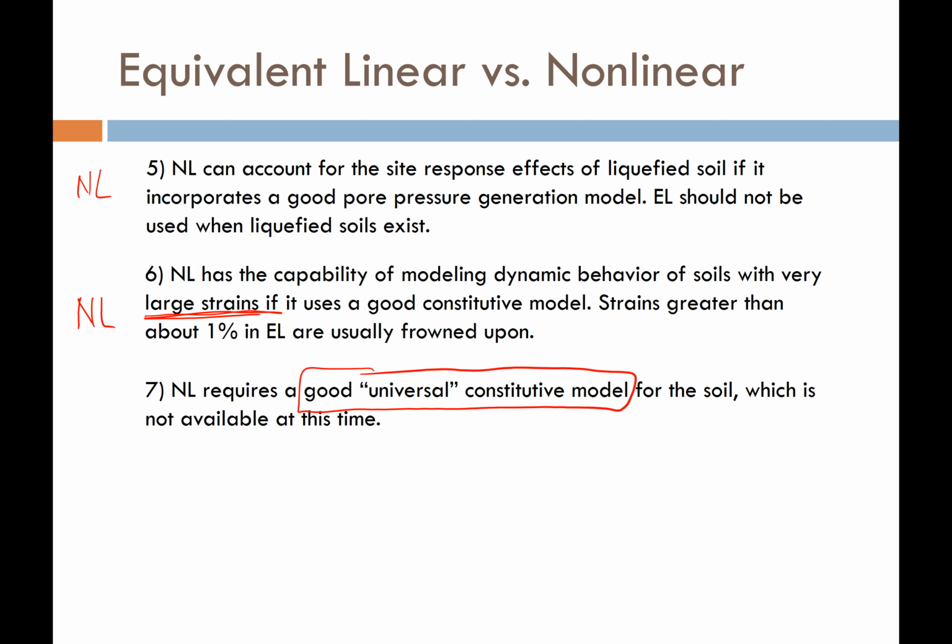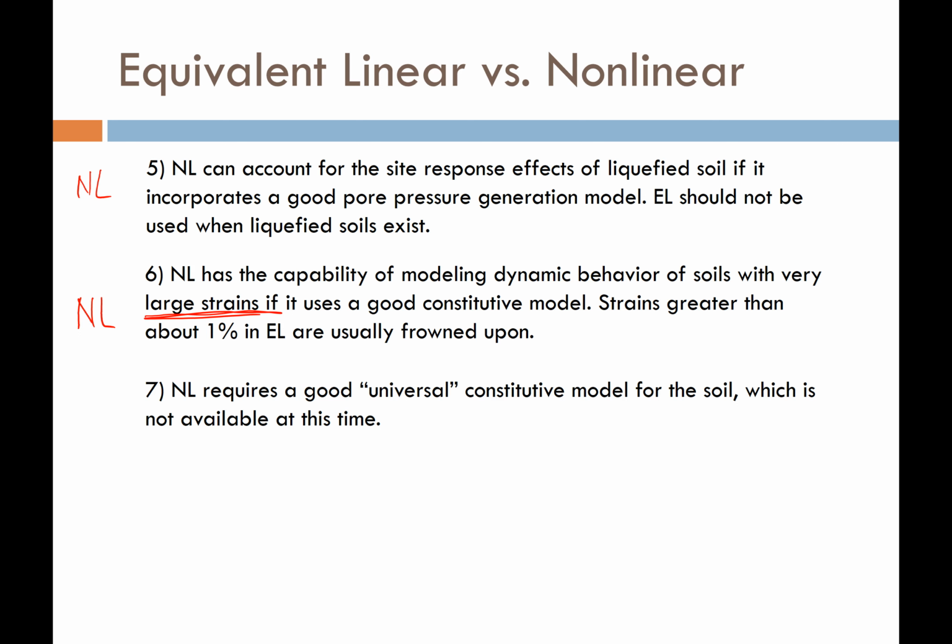And you also need a good and reliable pore water pressure generation model to go with that constitutive model. Now, a good model that we can just plug and chug and throw in and run with doesn't exist. No matter what people say or what they try to sell you on, it doesn't exist.